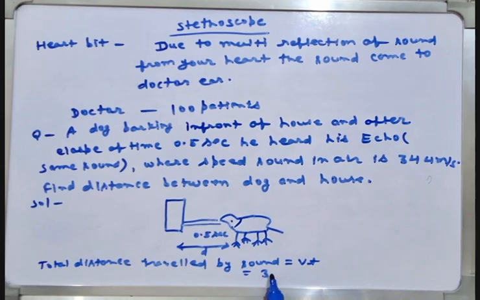So speed is given 344 into 0.5 second. Guys, for solving a numerical problem, you must write the units. So it will be easy for you to find the solution without an error. Okay, so this is coming 17.2.